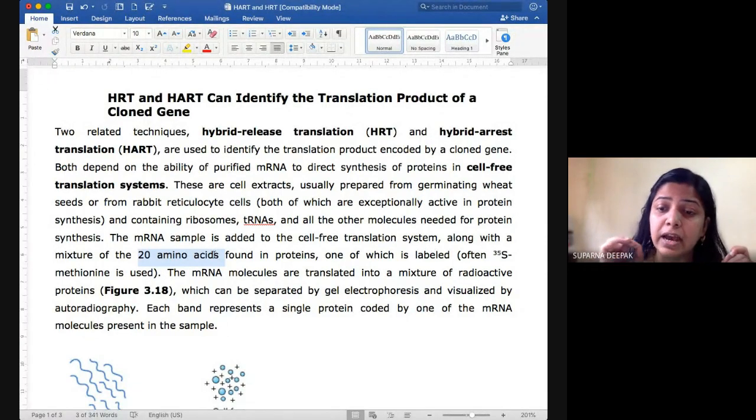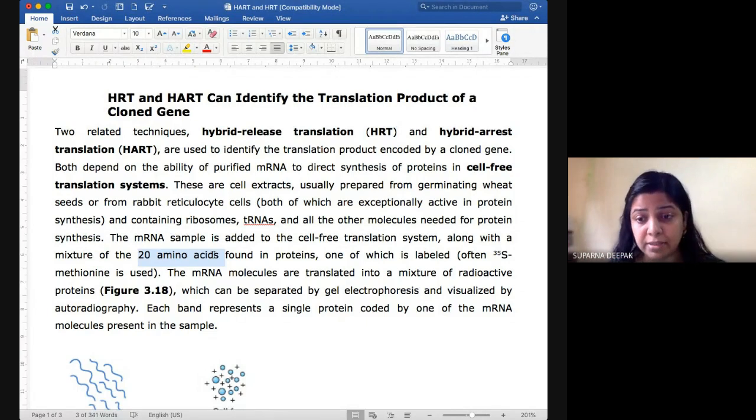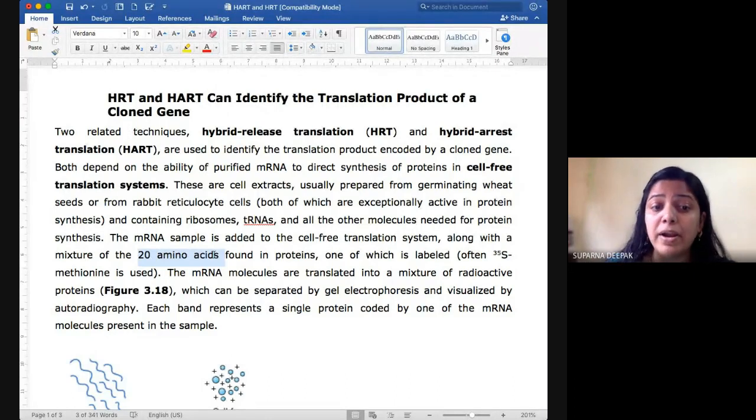We know there are many amino acids, but only 20 are found in proteins. Out of these 20, one would be labeled with a heavy isotope. For example, methionine can be labeled with 35S.